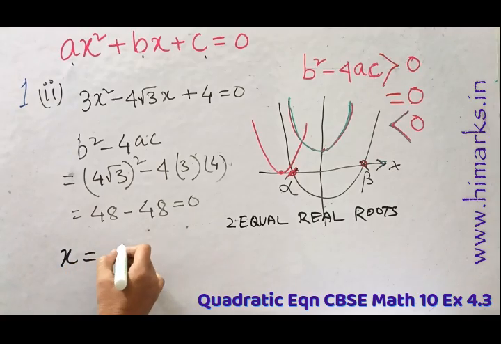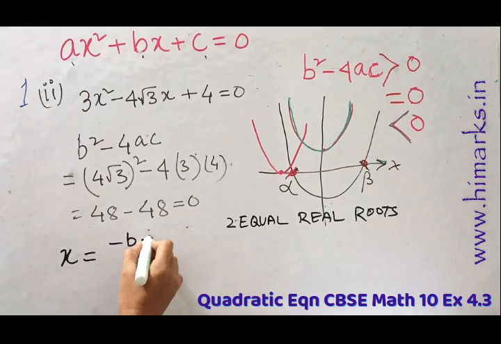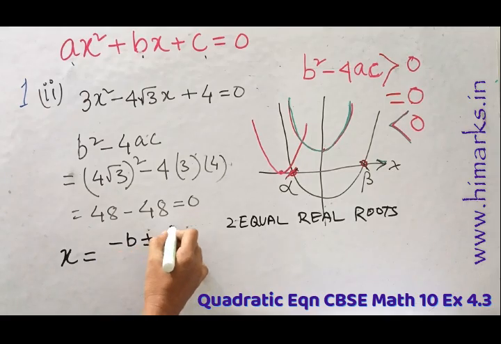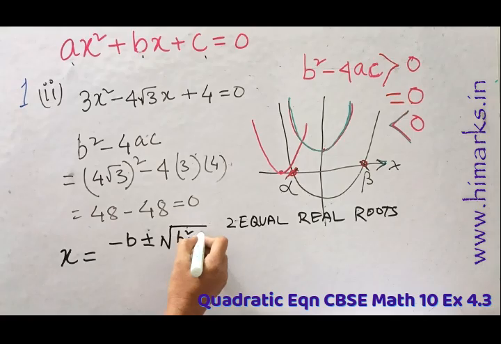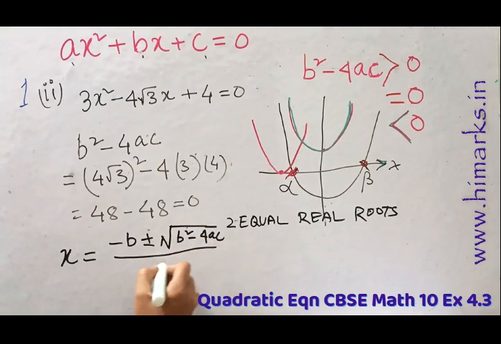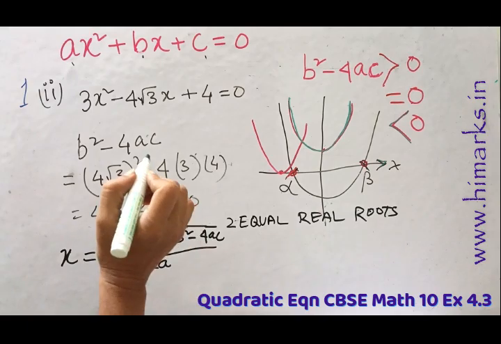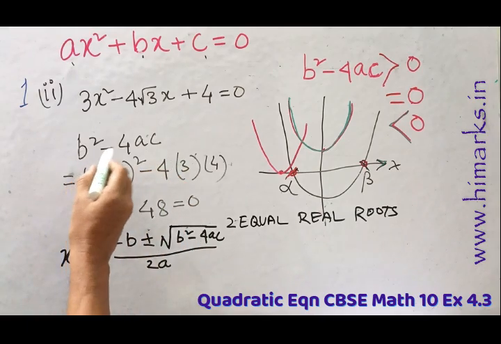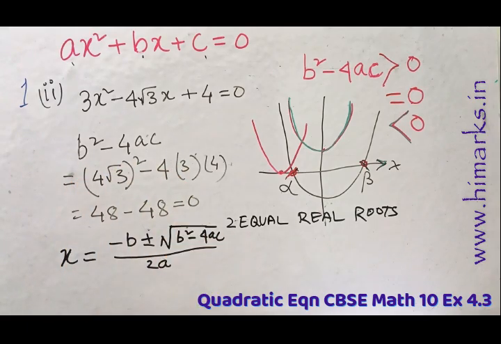Our solution is x equals minus b plus minus root over b square minus 4ac, by 2a. Now you see that this part, b square minus 4ac, has become 0. So if this part is 0, plus minus is 0.